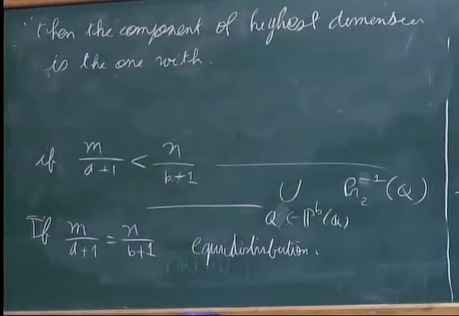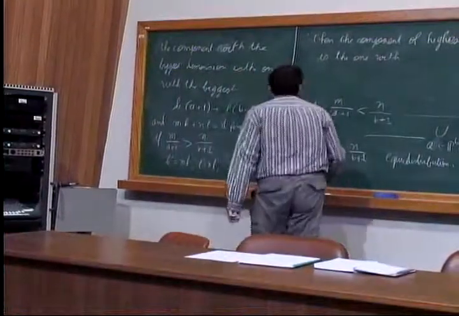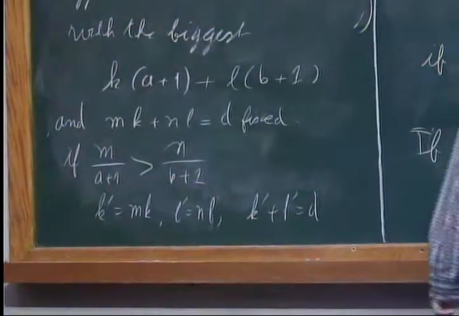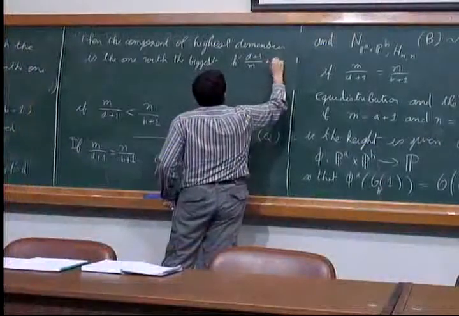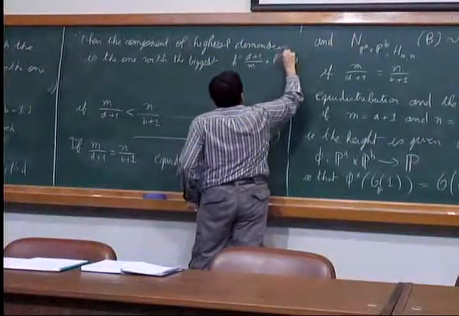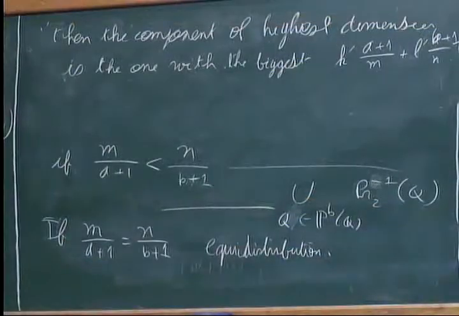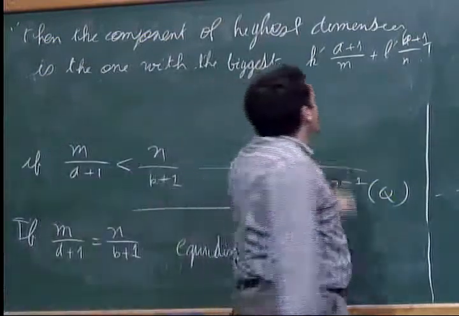Then I have that k prime plus L prime is equal to D, and I have to have k prime (A plus 1) over M plus L prime (B plus 1) over N. So we get it for (A plus 1) over M less than (B plus 1) over N for the highest L prime.